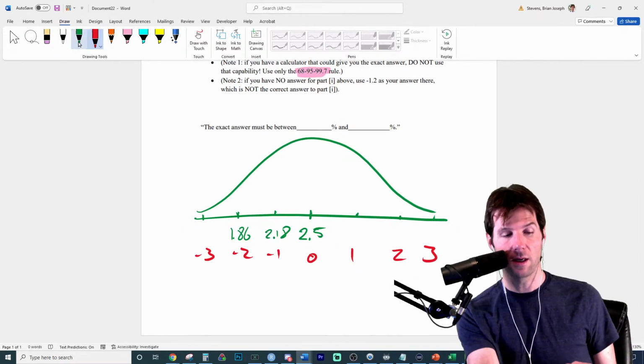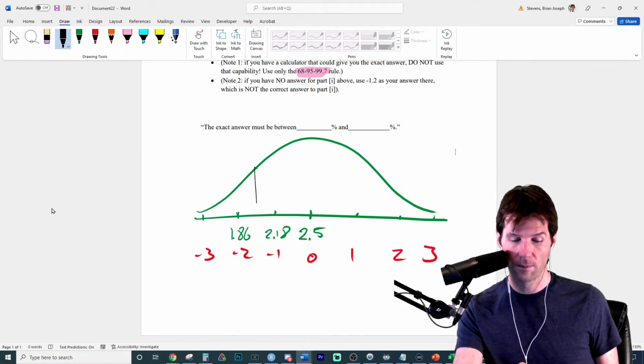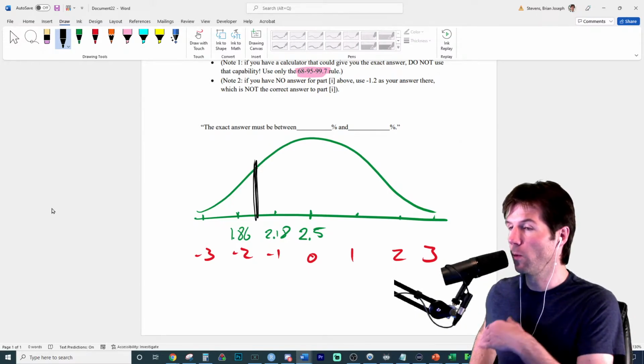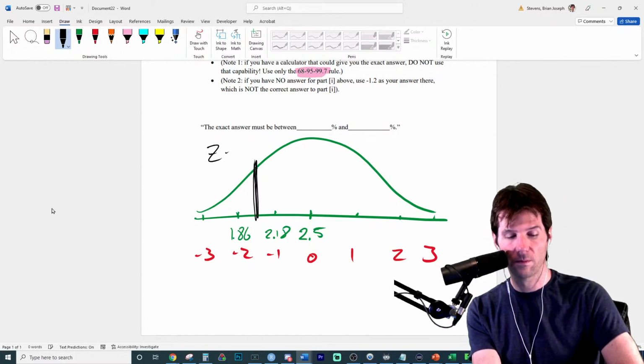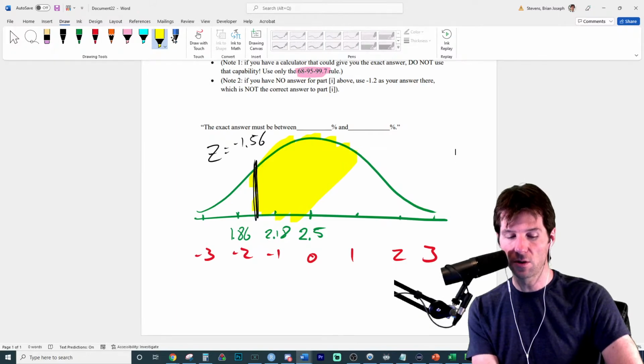So we're asking about an observation that landed right here. That's what we're talking about: something with a z-score of negative 1.56. Now, if you were to guess this value, what percent would you guess it to be? Just give me a guess.